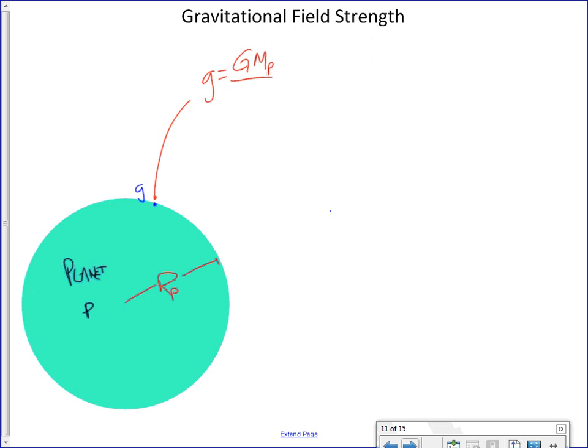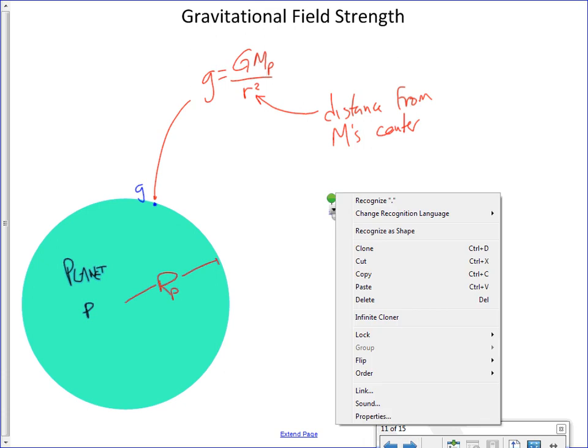And remember, this is distance from the planet's center.